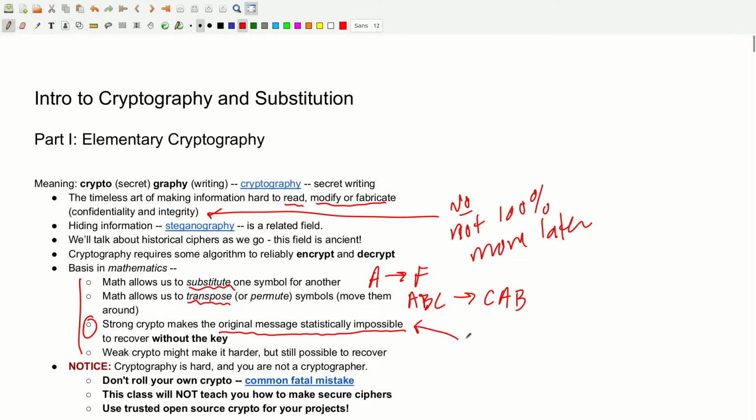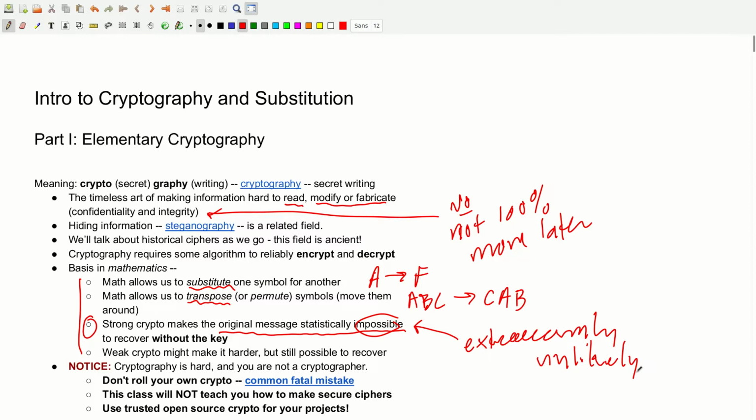Or maybe instead of impossible, I should say extremely unlikely. In practice, if you can figure out the key, then you can decrypt the message. But if the key is large and randomly chosen, then it's statistically very hard for you to find that key.